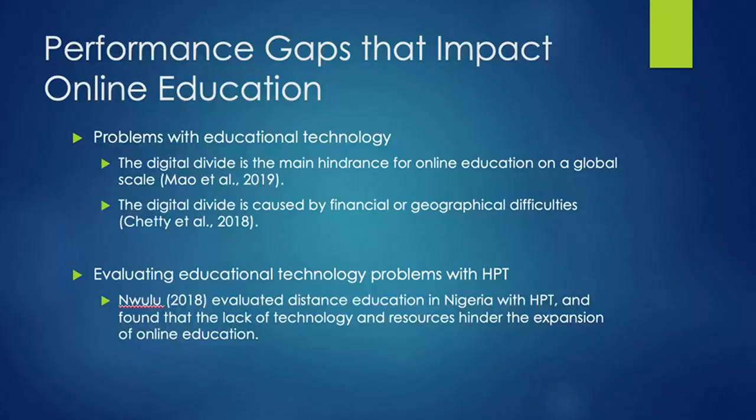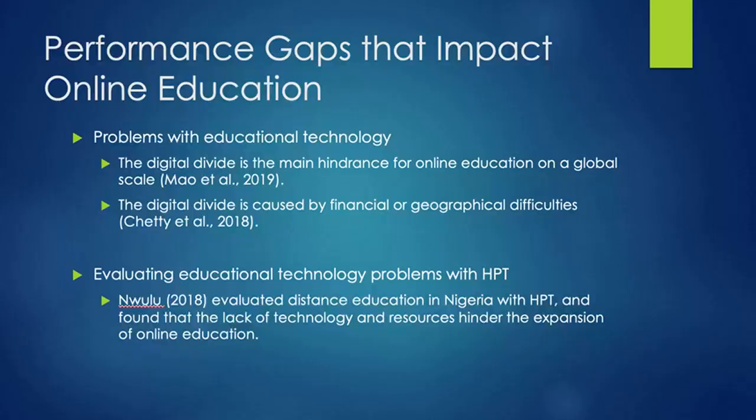There are typically two reasons for this digital divide. The first is a lack of financial ability to afford technologies. This lack of financial security and stability can refer to the students themselves and their families, where they are not able to afford technologies for their homes.